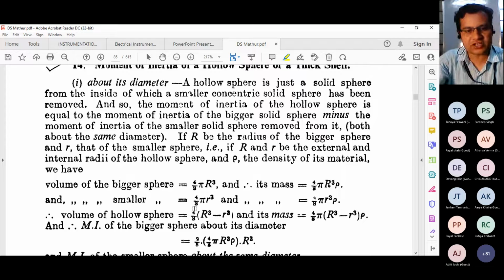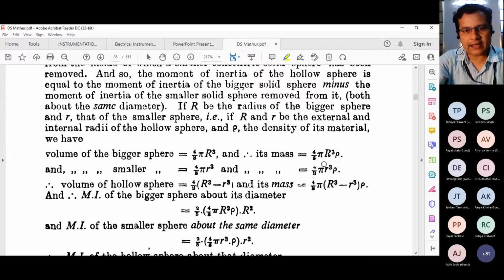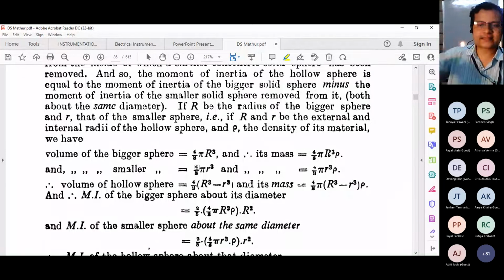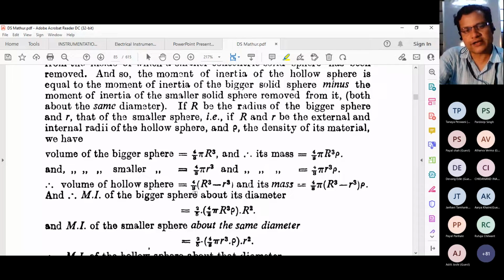So here I am writing all those equations, 4/3 pi R cube and 4/3 pi r cube rho. These are the volumes of the bigger sphere and the smaller sphere respectively. So for the volume of the hollow sphere, if you want the hollow portion, you just do the outer one minus the inner one. So the volume of the hollow sphere you can find as 4/3 pi R cube minus r cube, and its mass becomes 4/3 pi R cube minus small r cube into rho.